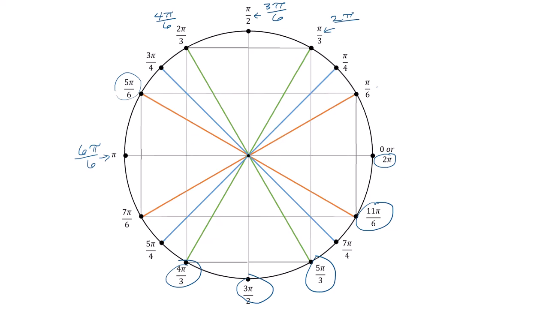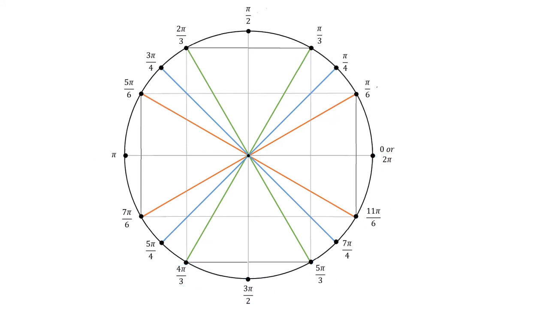The next way we could divide up the unit circle is by quarter pi's, pi over 4. So we see here pi over 4. That's pi over 4 radians to get to that terminal side. So if we count by pi over 4, we have pi over 4. Another pi over 4 would give us 2 pi over 4, which is pi over 2.